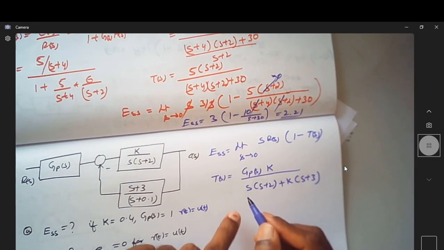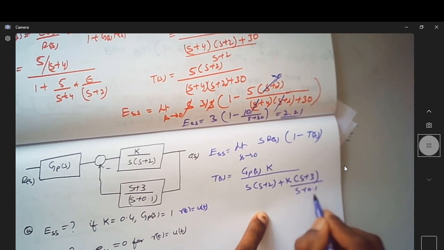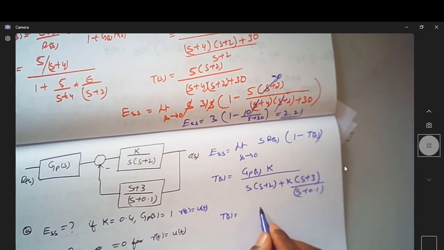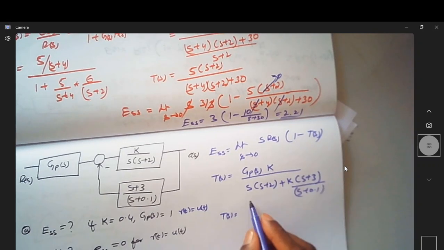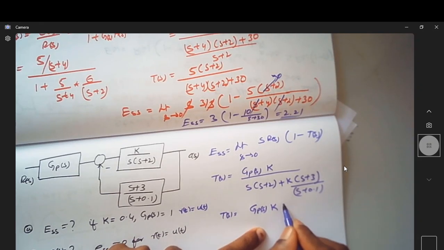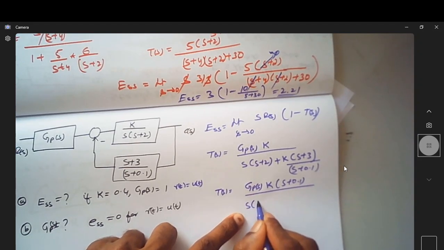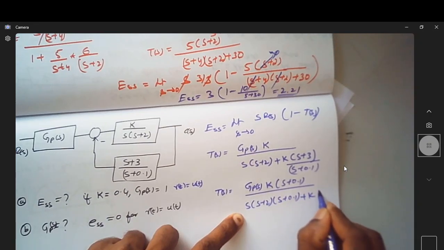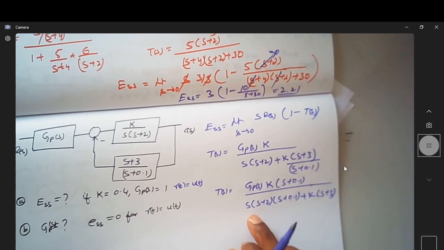So this happens to be the overall transfer function. It is now GP(s) into K into (s plus 0.1) divided by s into (s plus 2) into (s plus 0.1) plus K into (s plus 3). So this is my transfer function.